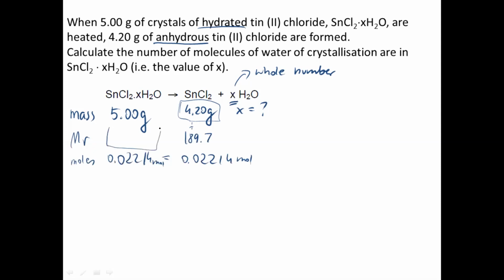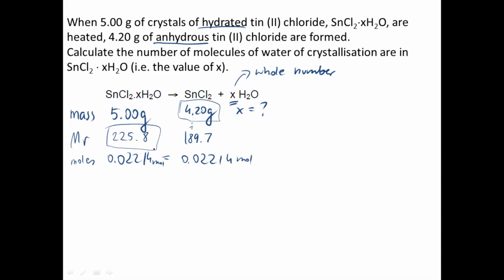So what can you work out? You can work out the Mr. Now for this one, the Mr would be 5 gram divided by 0.02214. So I calculated that, it's 225.8.